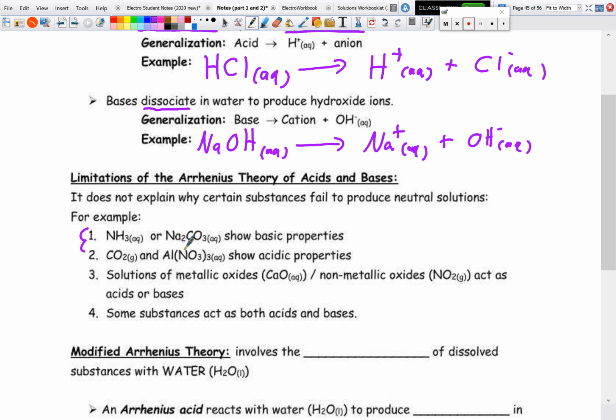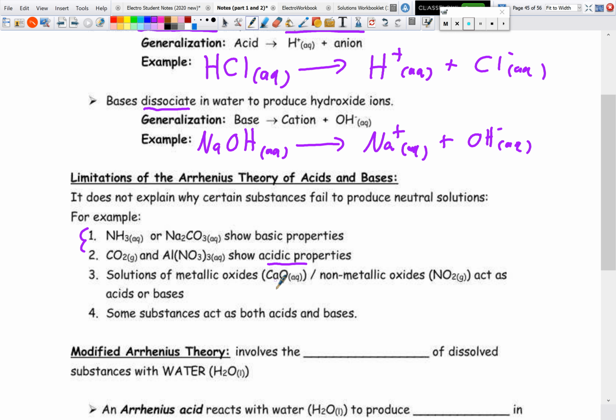So that is one reason why we needed to modify our theory. There are a lot of compounds out there that can have acidic or basic properties that don't contain hydrogen and don't contain hydroxide. Another thing that we would have noticed is carbon dioxide and aluminum nitrate show acidic properties when in solution. The same thing, there is no hydrogen present. So something funny is going on here.